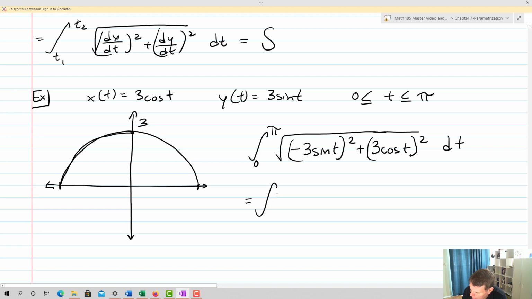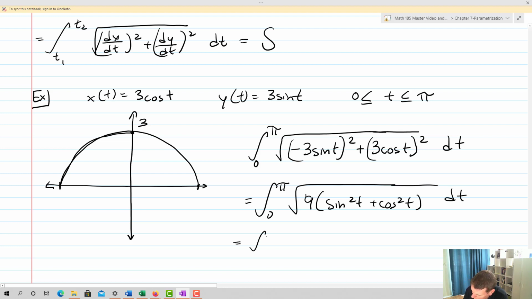This then equals the integral from 0 to pi of the square root of 9 times sine squared t plus cosine squared t, dt. And so that's the integral from 0 to pi of, we'll pull out that 3, this is going to end up being 1. So this is just going to be 3 dt.